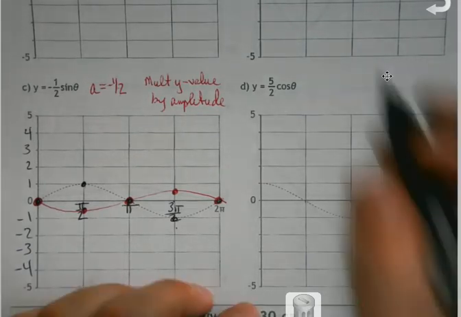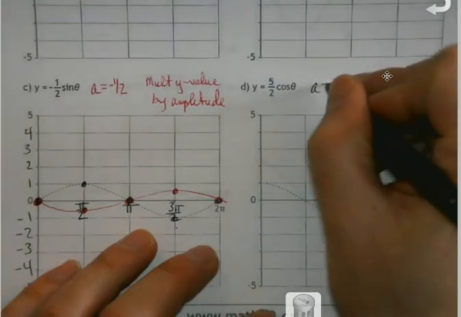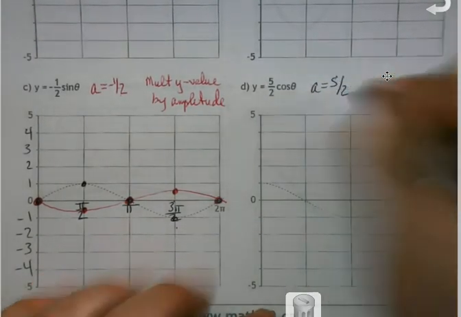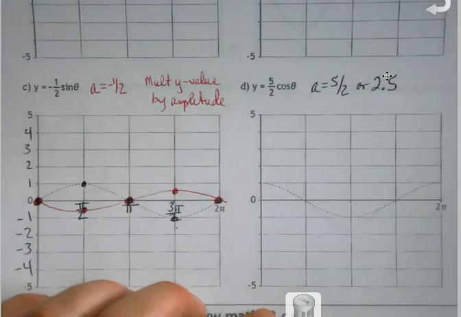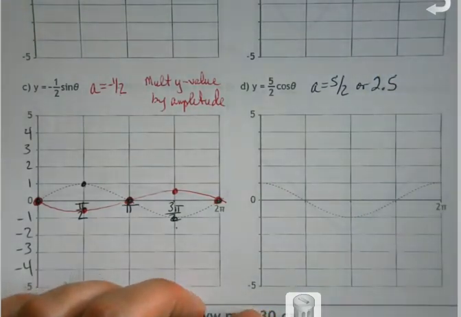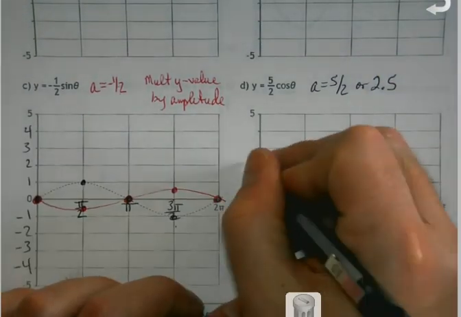So here's what I want you to do on this next one. My amplitude is 5/2. If some of you feel more comfortable dealing with the decimal when you're doing this multiplying, that's fine. It'd be 2.5.